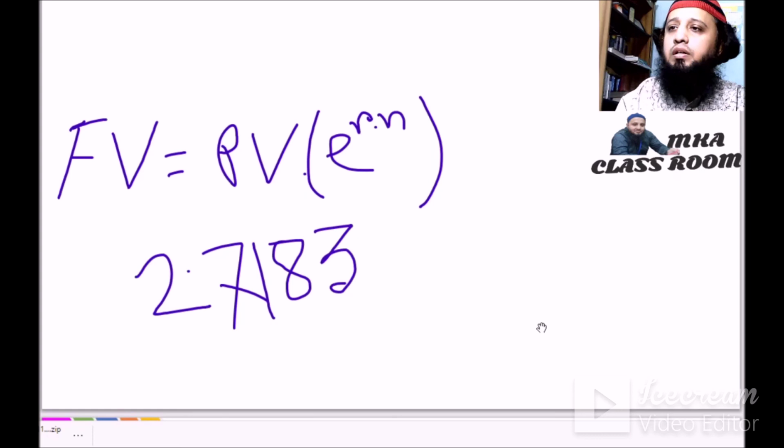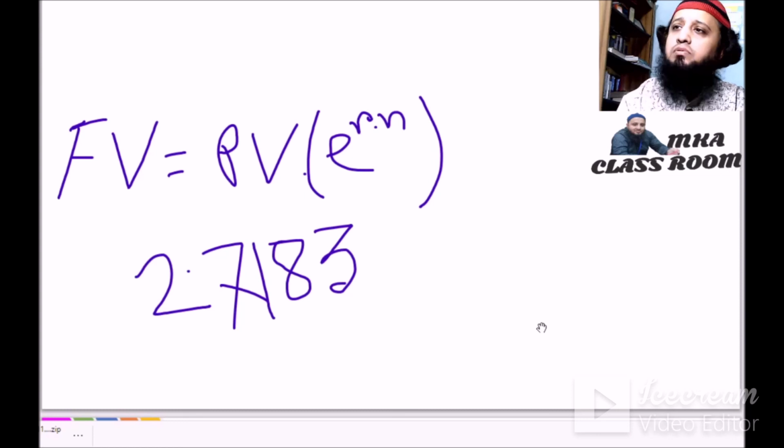Here the small letter e is called the exponential function. If you have a scientific calculator, you can find this e button, which is the exponential function.